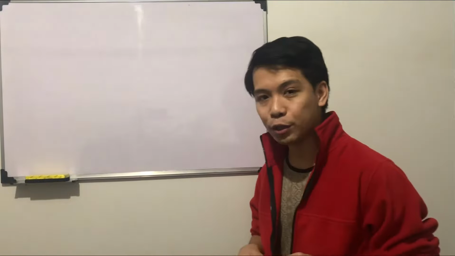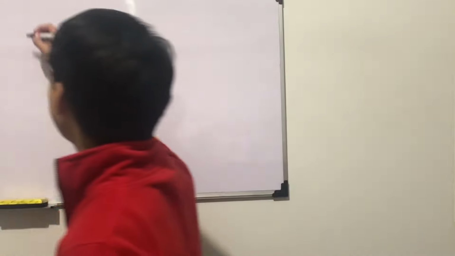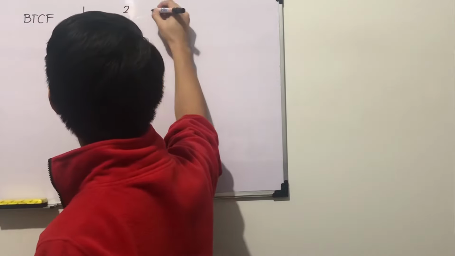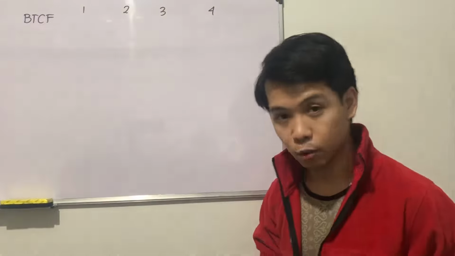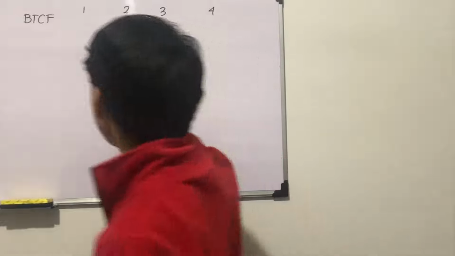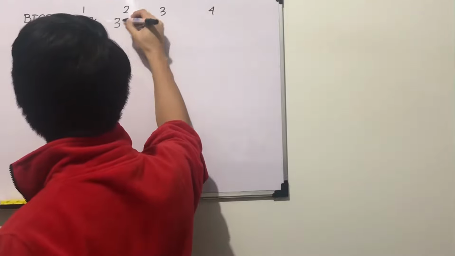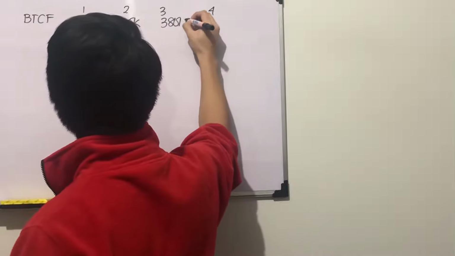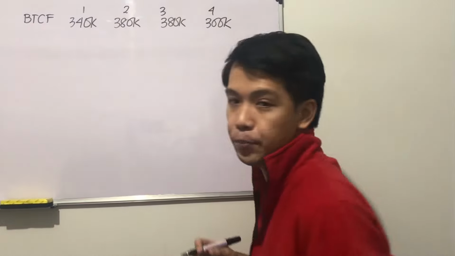So we are going to start with the given before tax cash flows per year. That's before tax cash flows for years 1, 2, 3, and 4. We have the following given: 340,000 in year 1, 380,000 in year 2, 380,000 in year 3, and 300,000 in year 4.